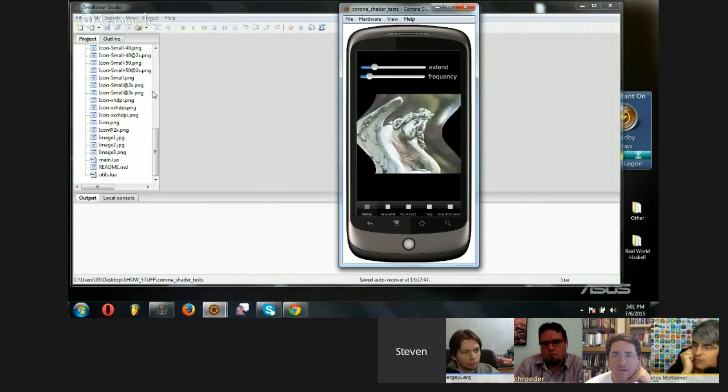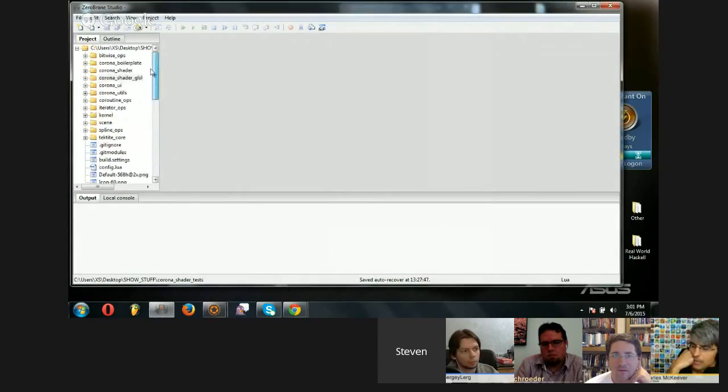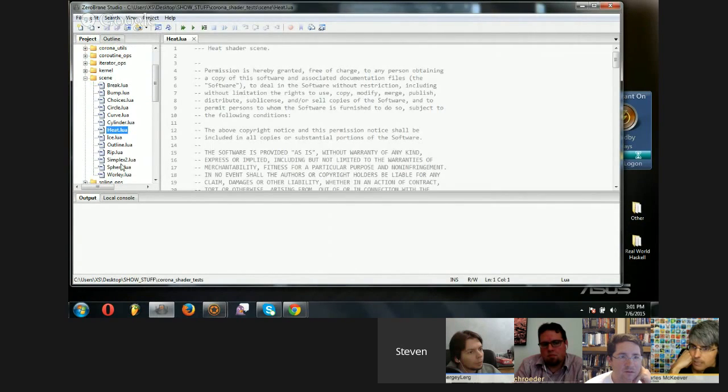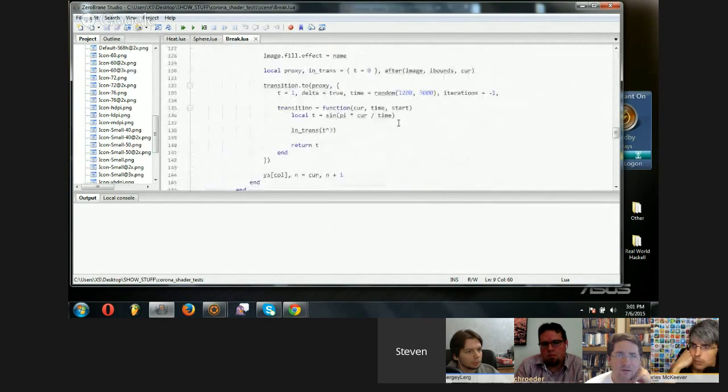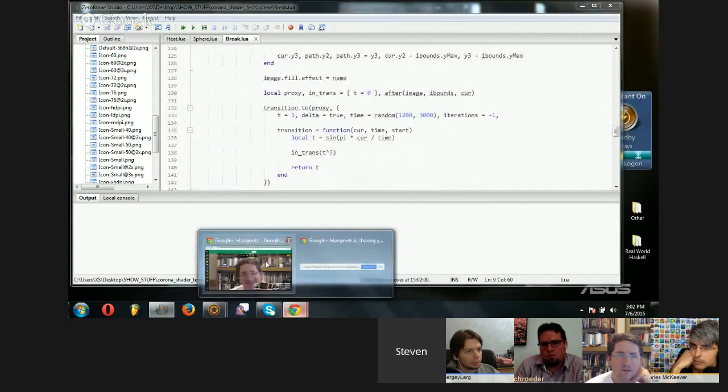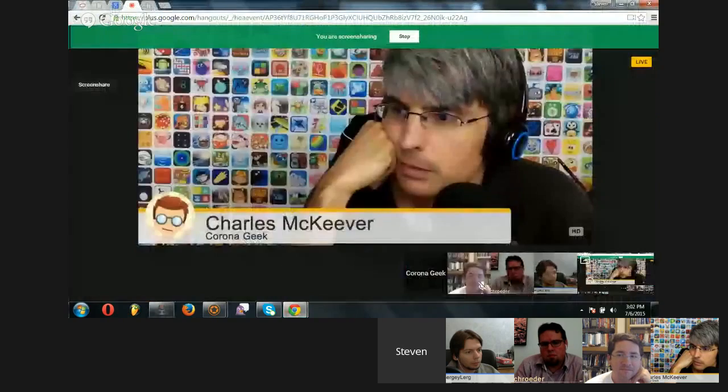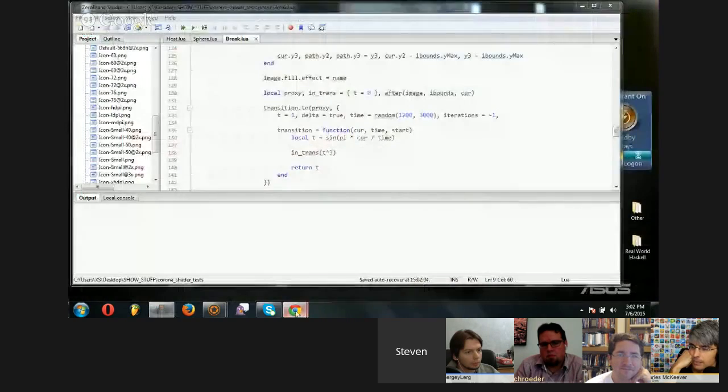So just like in Photoshop, and I keep going back to that because that's what a lot of people are familiar with, you're taking this texture, this image, and applying a filter to it, just like you would do a blur or one of the artist filters like a watercolor or glass or something like that.